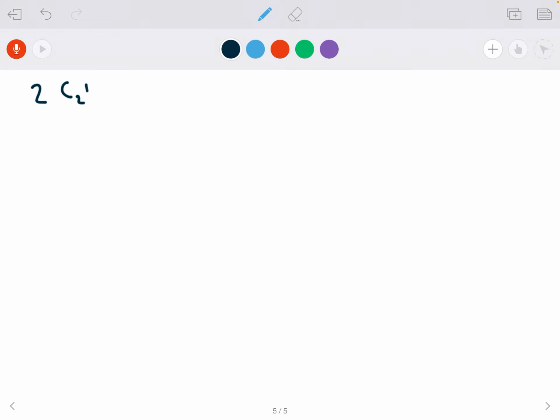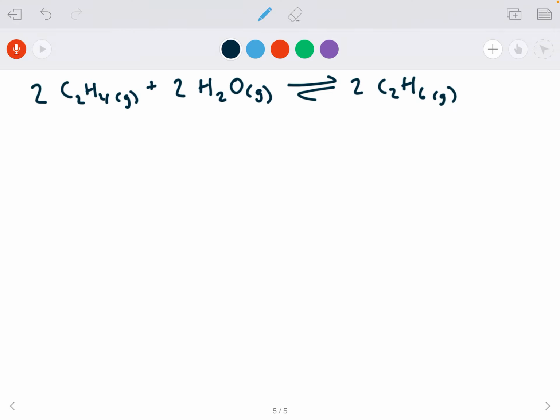Here we've got 2 C2H4 gas plus 2 H2O gas is in equilibrium with 2 C2H6 gas plus O2 gas.